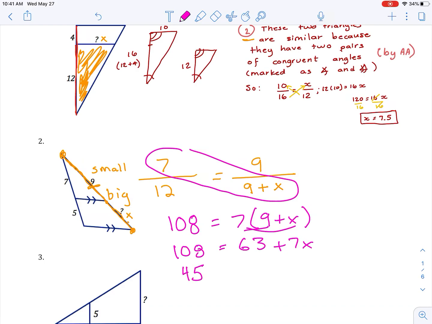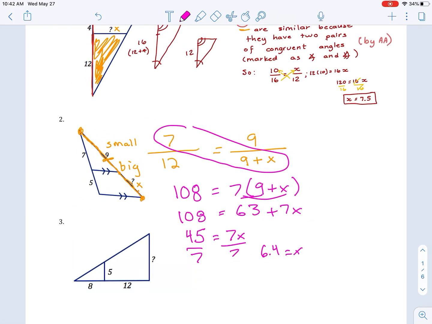And 108 minus 63 is 45, right? I think it is, but I don't want to mess up the whole problem here. So if I go 108 and I take away 63, I do get 45, which is equal to 7x. And then when I divide both sides by 7, I see the answer is 45 divided by 7, which is about 6.4.